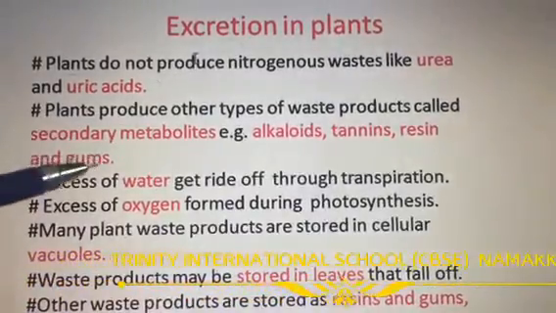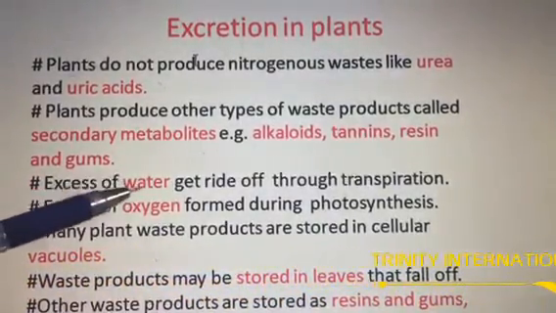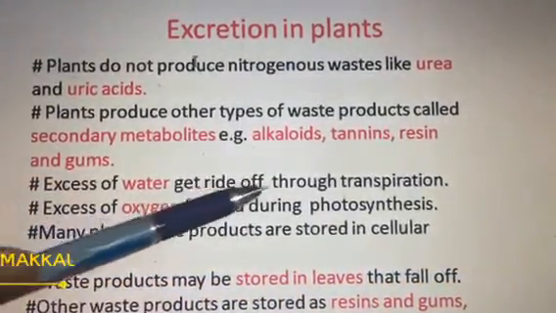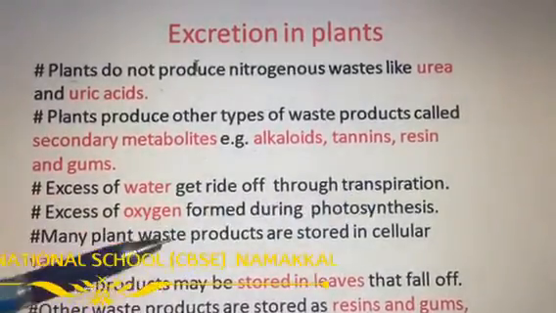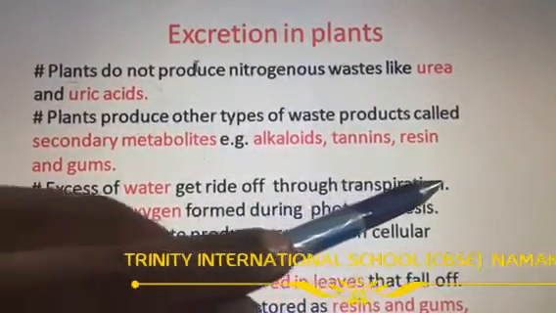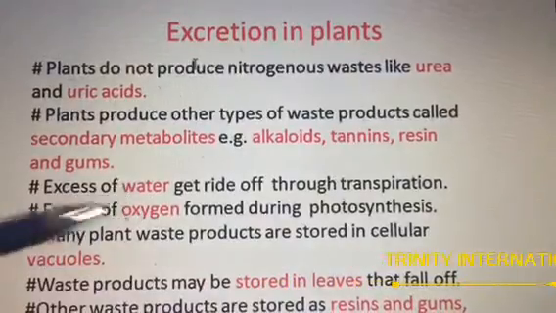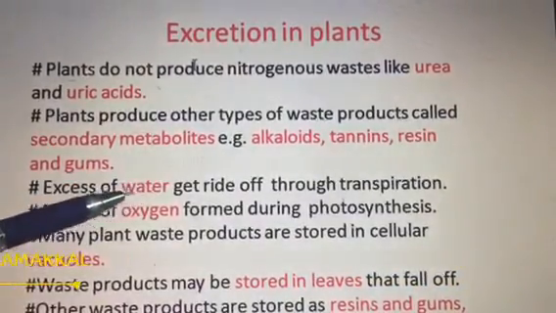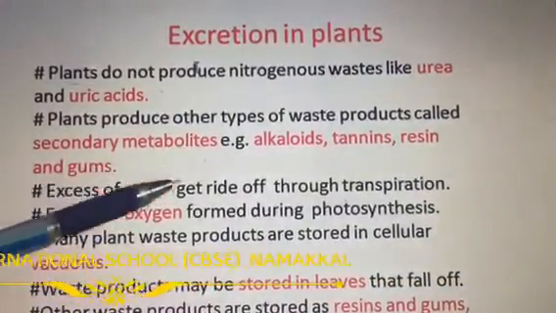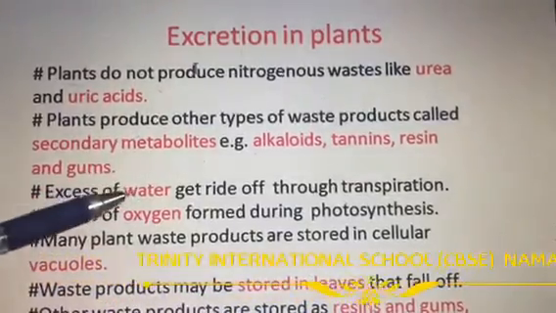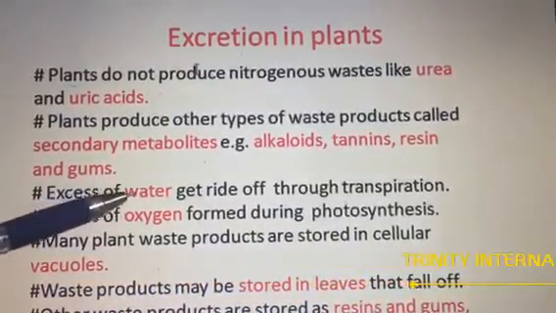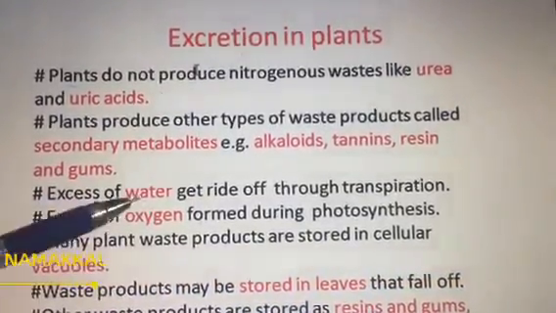These are the waste. Excess water gets dried off through transpiration. During transpiration there is a loss of water, no? So that water is considered excess water, which is also a waste in plants.